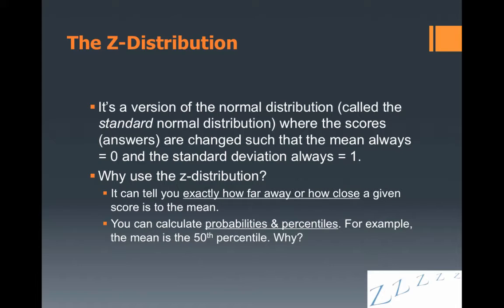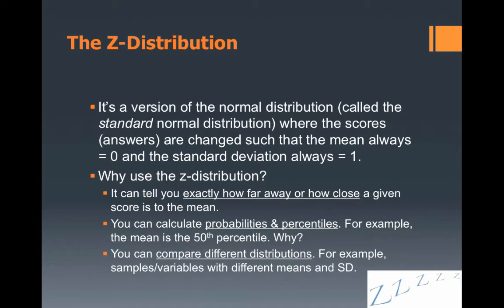What do we know the 50th percentile to be in terms of definition? We know the 50th percentile to be the median. So why is the mean the 50th percentile? Again, remember, because it's normally distributed, the mean equals the median, which equals the mode.